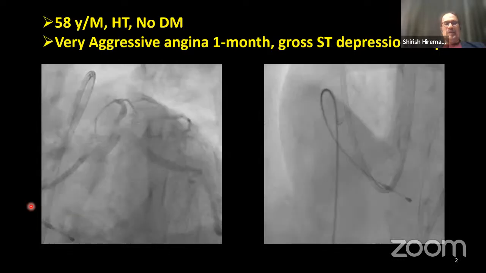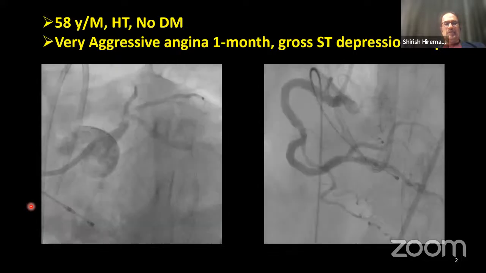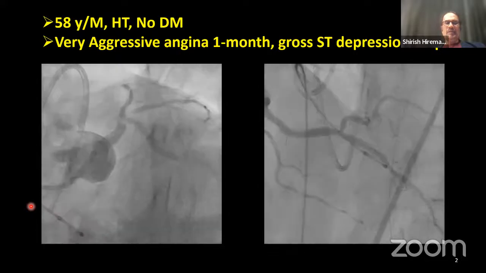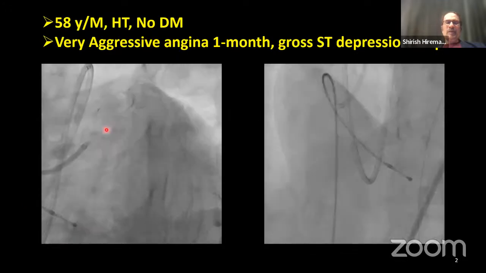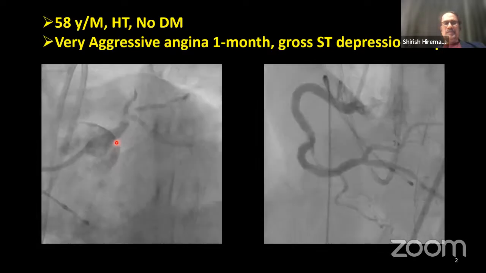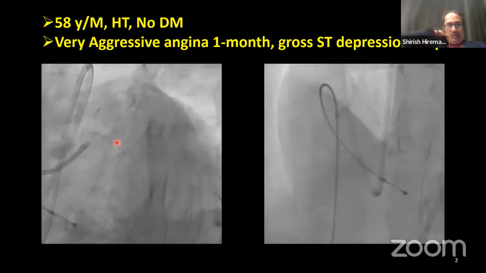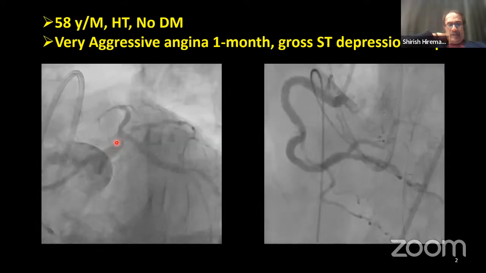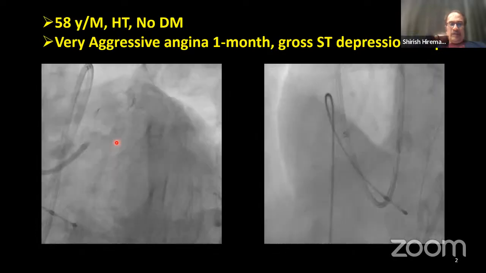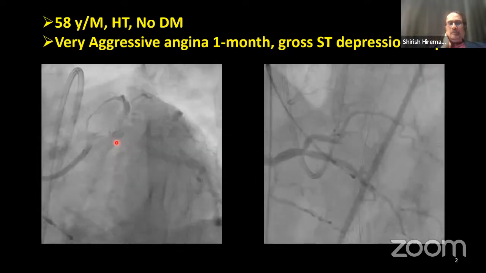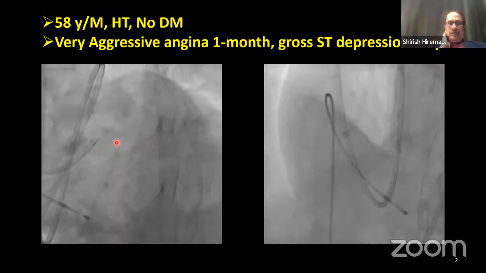You can see the left main at distal end is showing a critical narrowing. And beyond this, the LAD ostium shows mild narrowing, and the circumflex ostium also is showing disease. Luckily, the right is a dominant vessel, but no critical narrowing.